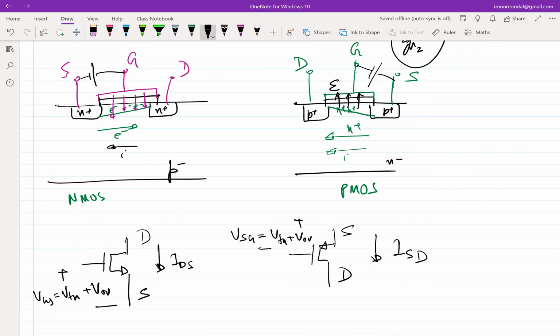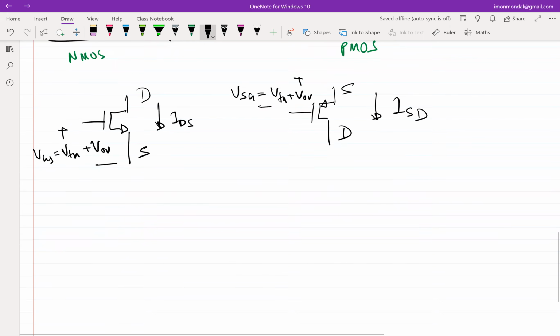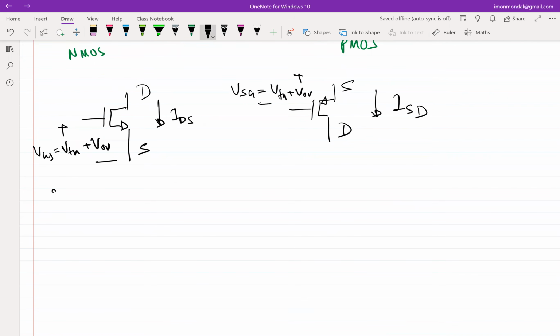Since both these devices, as far as circuit design is concerned, behave identically, all the equations that are valid for NMOS will also be valid for PMOS, just that the directions will be flipped. The equation for an NMOS for current in saturation is IDS equal to half.